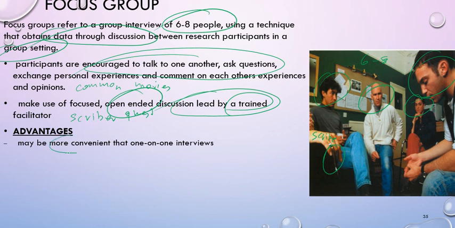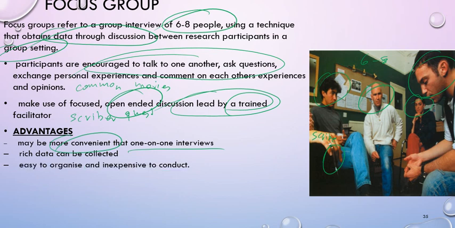It is more convenient than a one-to-one interview because many people can be exchanging ideas. Rich data can be collected that, although they are rich, are very hard to analyze, and that's a disadvantage at the same time. It's easy to organize, inexpensive to conduct compared to the lab.